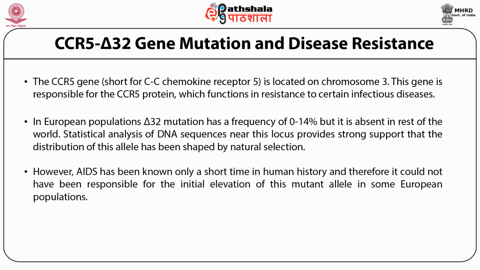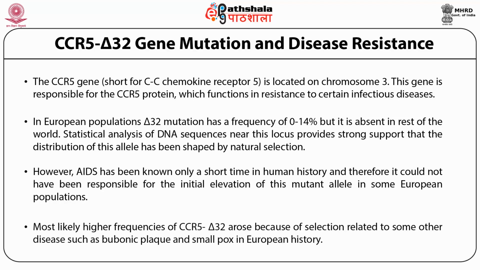However, AIDS has been known only a short time in human history, and therefore it could not have been responsible for the initial elevation of this mutant allele in some European populations. Most likely, the higher frequency of CCR5 delta 32 arose because of selection related to some other disease such as bubonic plague or smallpox in European history.